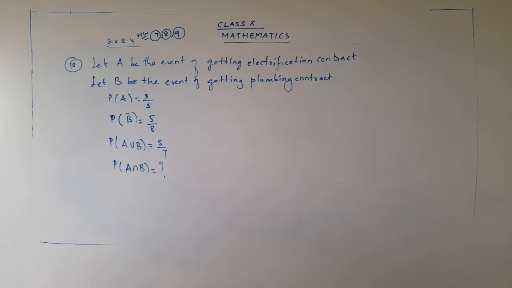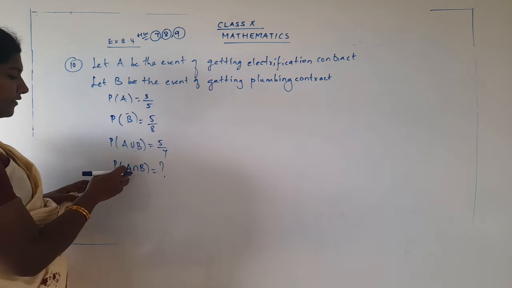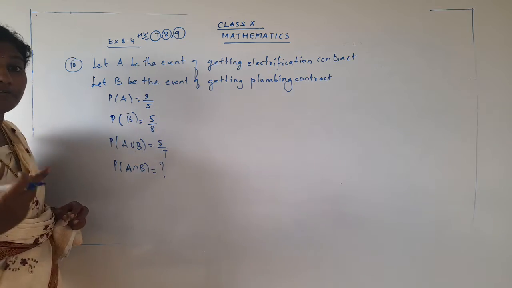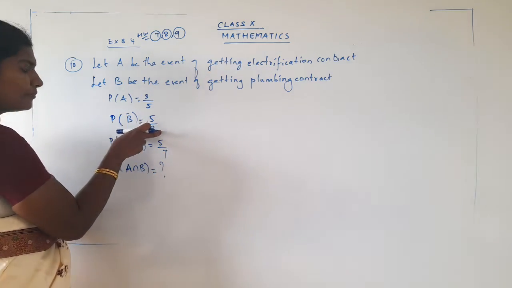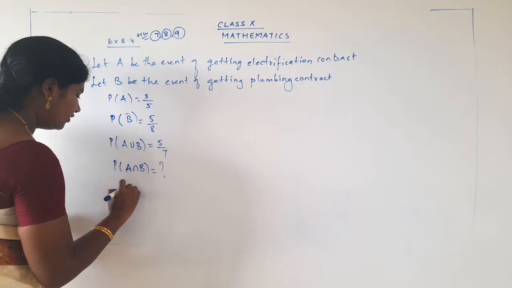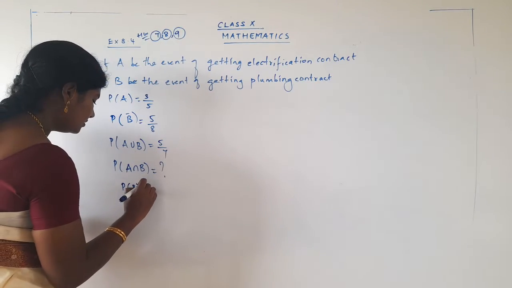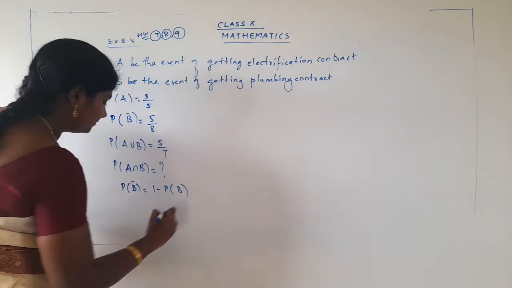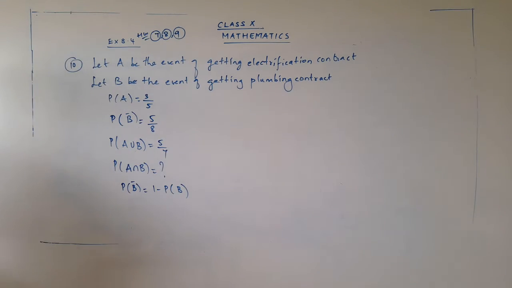Okay, children, come on, apply the formula. Before using the formula, one step. If I have to use the formula, I should know the value for P of B. But I know here the value for P of B dash. So from this value, I am going to find out P of B first. P of B dash is equal to 1 minus P of B. Already we have used these formulas in the sums.